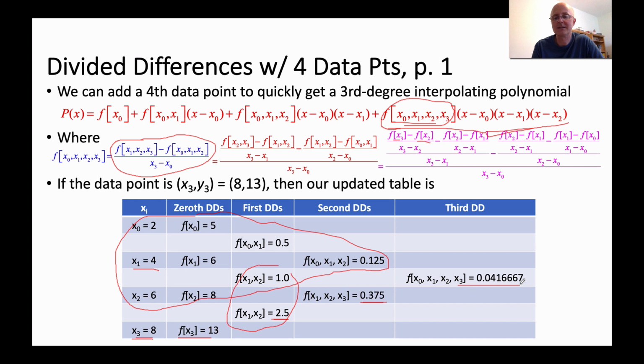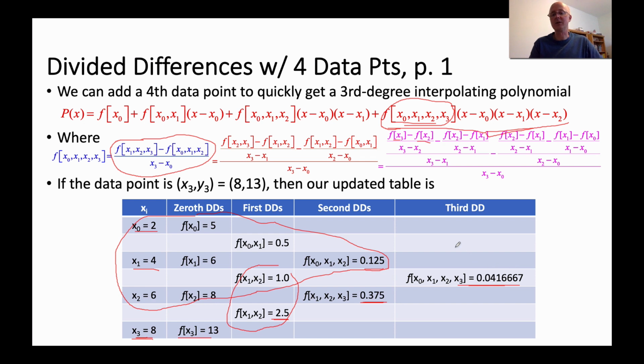Finally, this number that's the same as 1/24. It comes from this minus this divided by 8 minus 2. This difference is going to be 0.25, 1/4, divided by 6 is 1/24, which is 0.0416 with the 6 really repeating, but then I'm rounding.